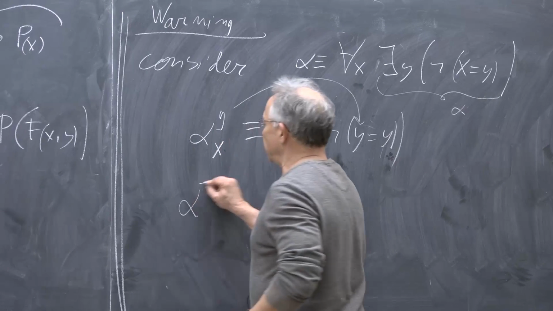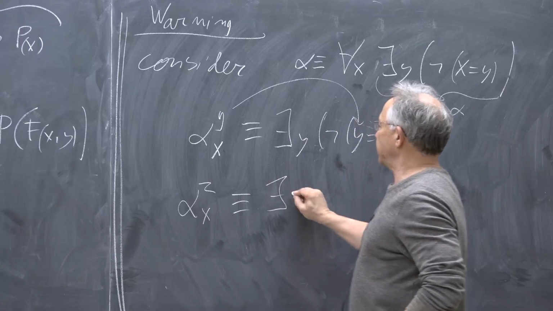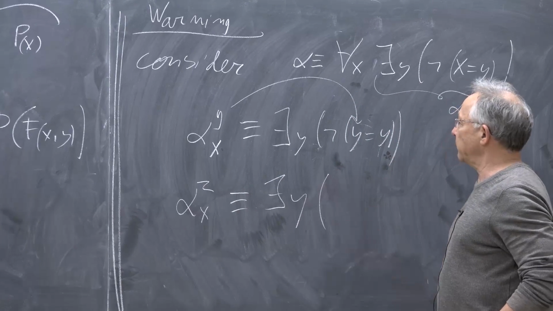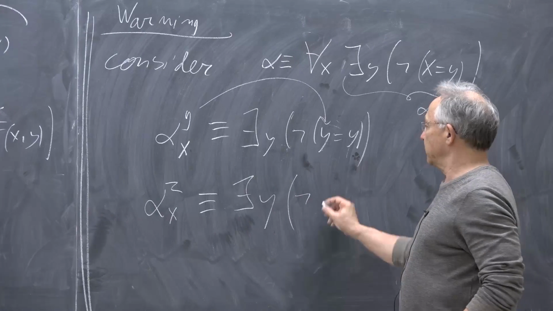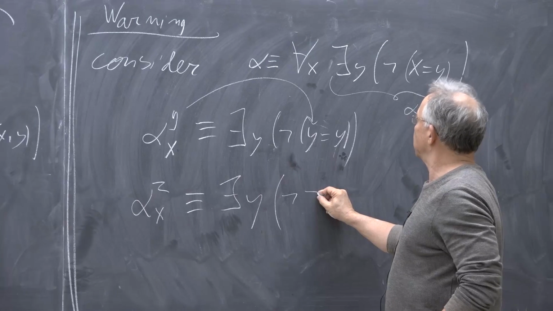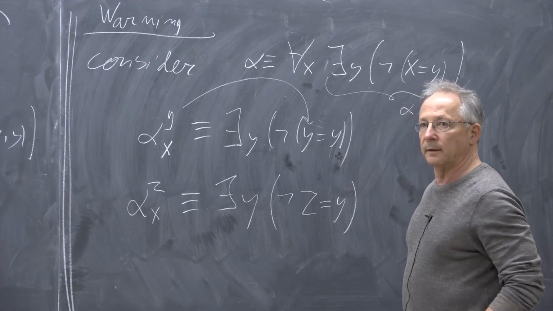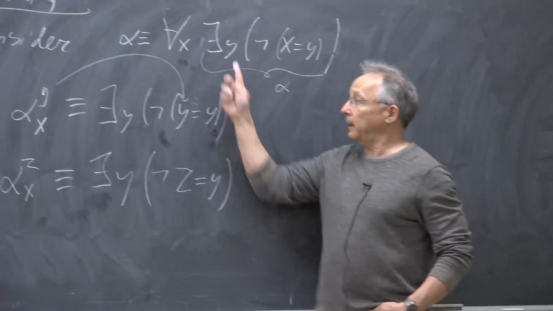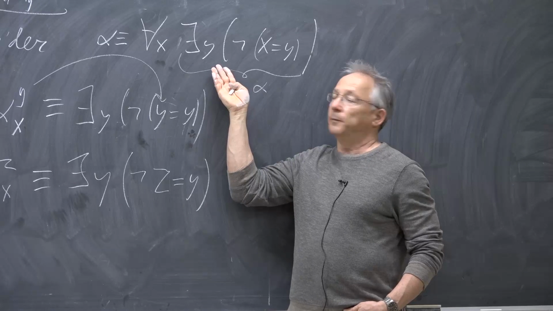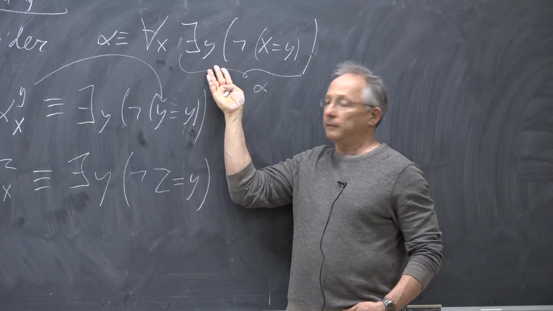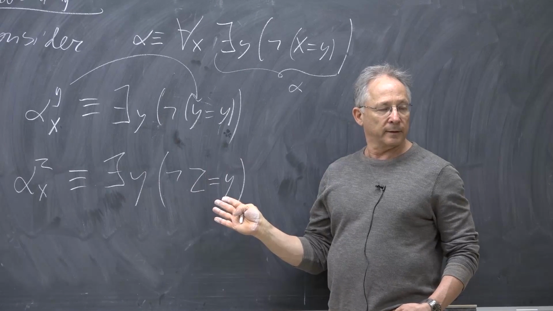If I used alpha of zx, that would have been there exists a Y such that it's not the case that z equals Y. And that will be fine. This means in my structure I have more than one element, and if I have more than one element in my structure, then that will be okay. That's satisfiable.